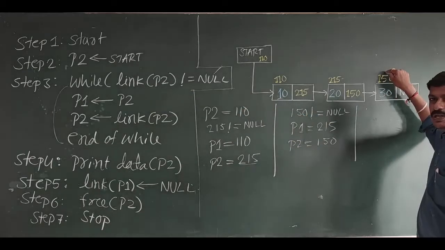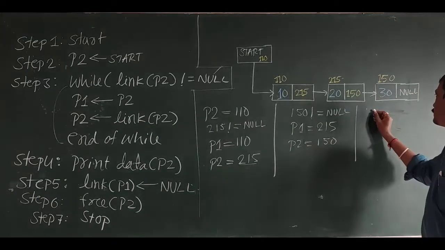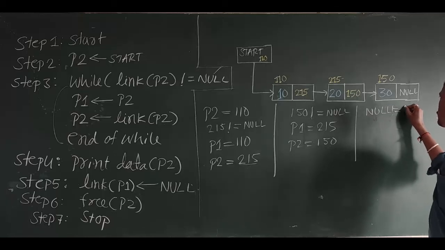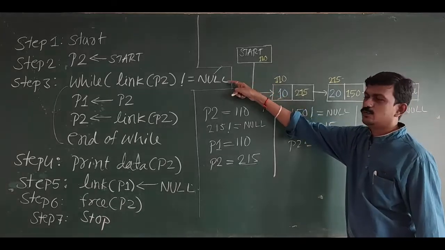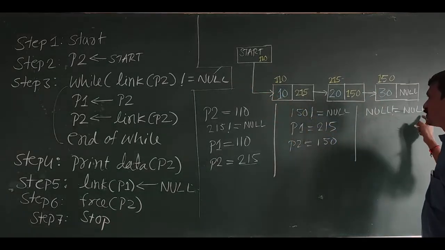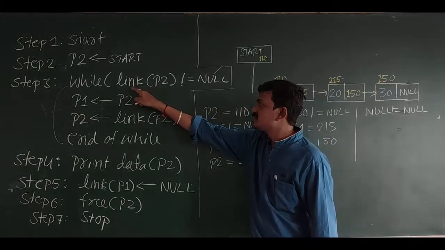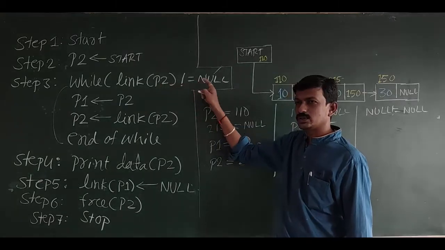The link part of 150 is null. Is it not equal to null? Now the condition becomes false, null is equal to null. You need to remember that I am considering the link part of P2 being not equal to null.